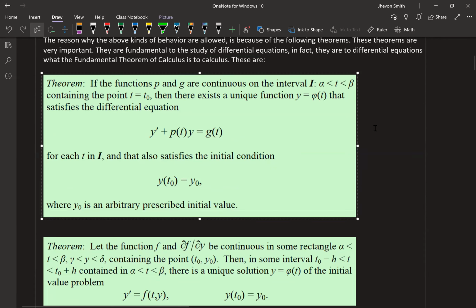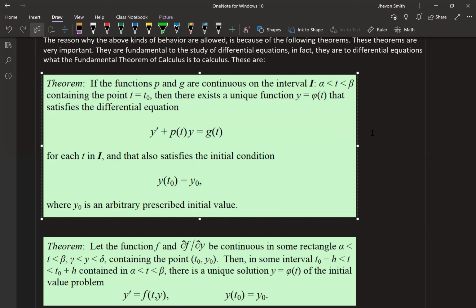Basically, here's what they're saying. Under certain conditions, namely conditions that have to deal with continuity, if I have a differential equation of this form, and I have an initial condition that's given to me of arbitrary forms, t0 and y0 can be anything that makes these guys continuous on some open interval, then I am guaranteed to be able to find a solution to this differential equation that actually fits the initial condition that is given, and that solution is going to be unique, meaning there's only one, right?